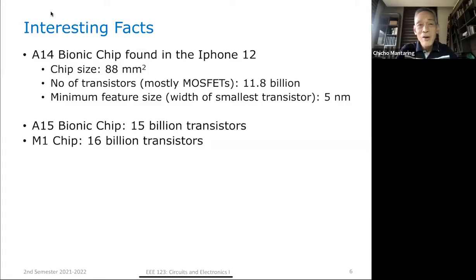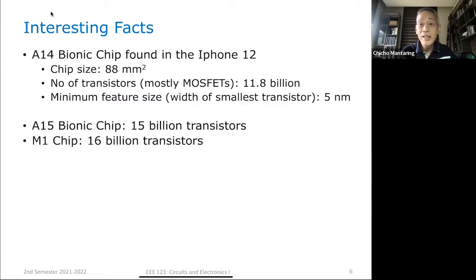Okay, how small is that? Well, for example, your hair, yung buhok natin, typically that is about 50 to 70 micrometers, no? Okay, so if you consider 5 nanometers, in the width of your hair, you can actually fabricate thousands of transistors, thousands of MOS transistors.